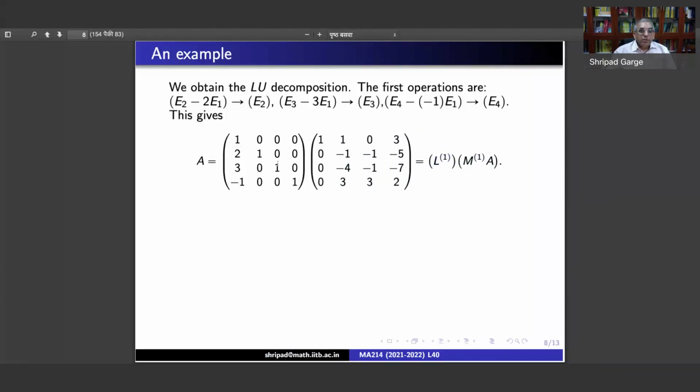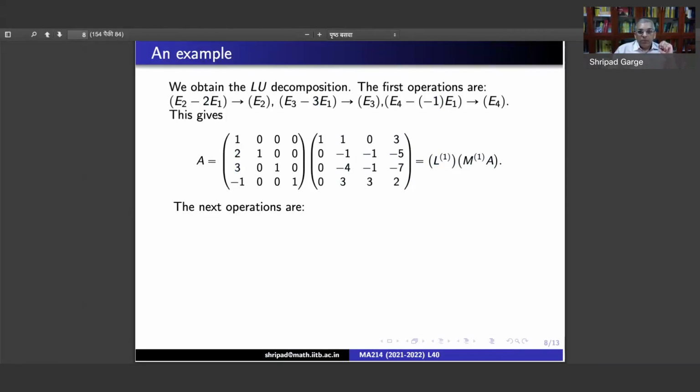We see that instead of -2, we have the second entry as 2. Instead of -3, we have the second entry as 3. And instead of +1, we have the second entry as -1. So here we are just putting the multipliers, and not the negatives of the multipliers. The negatives of the multipliers are already multiplied to capital A to eliminate the variable x1 from E2, E3, E4.